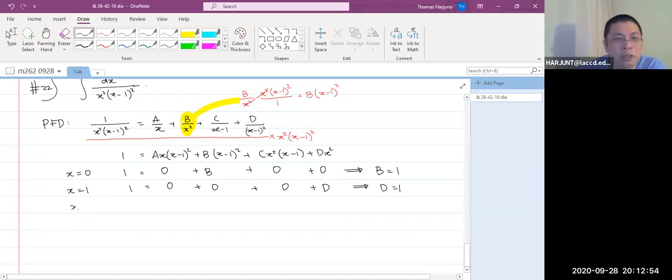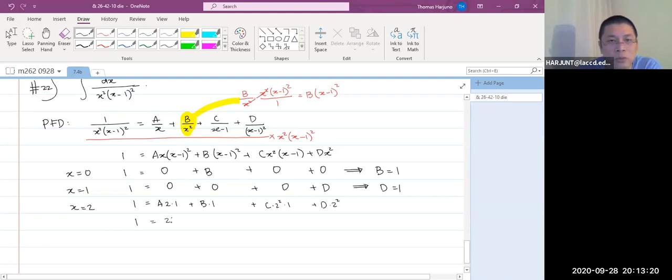So when x equals to 2, I'll get 1 equals to, when x equals to 2, that's 2 times 1 squared. That's d times 1 squared. That's c times 2 squared times 1. That's d times 2 squared.